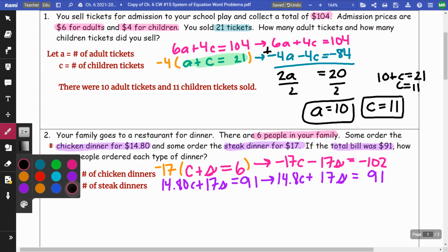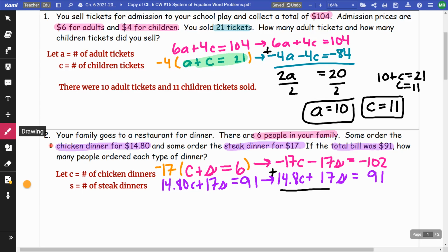I'm going to add these together. And when I take a negative 17 plus 14.80, I get a negative 2.2C. My S's cancel out. And a negative 102 plus 91 is a negative 11.